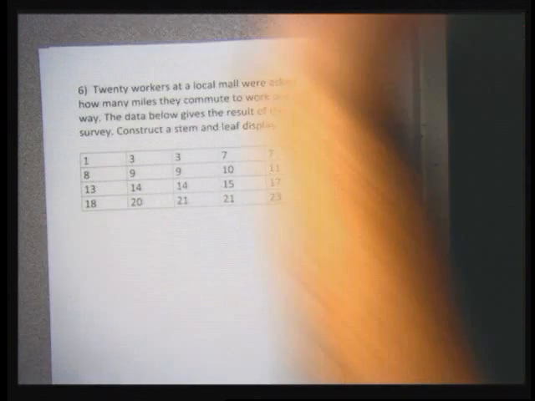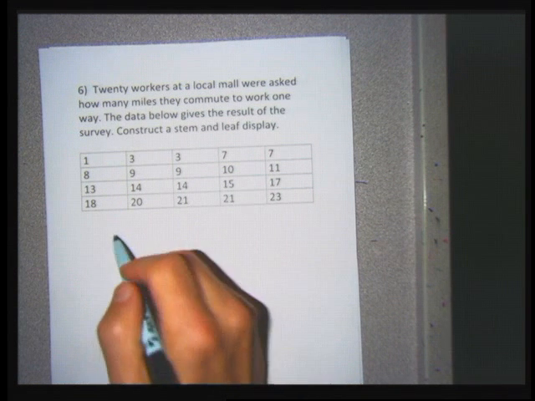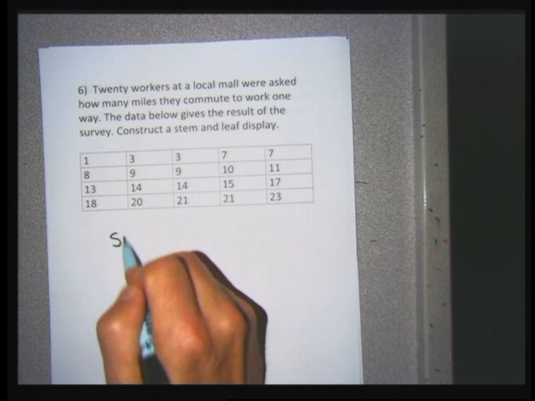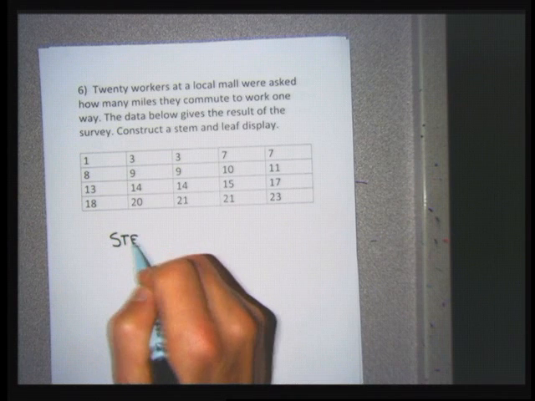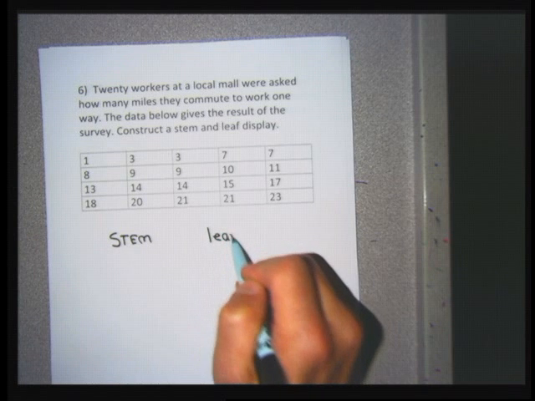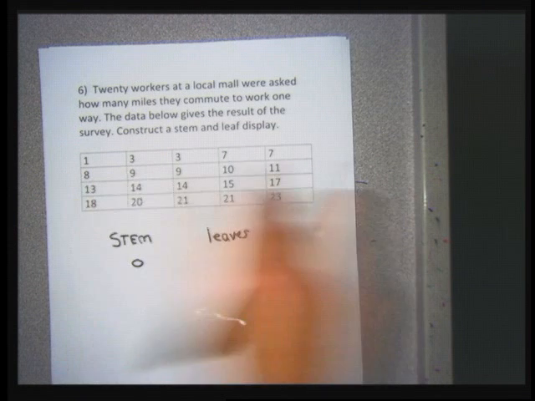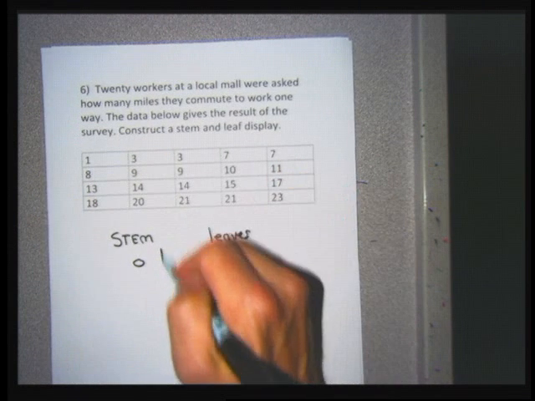I'll go do mine. In mine, I'm going to have to do a 0. This is 20 workers at a local mall who were asked how many miles they commute to work one way, and here's the table. Because I have some numbers that don't have a tens position, I'm going to put a 0 for the stem for the first couple, and get my vertical bar.